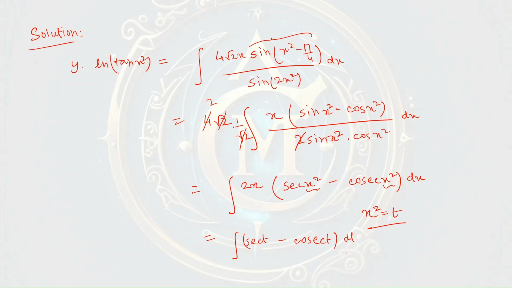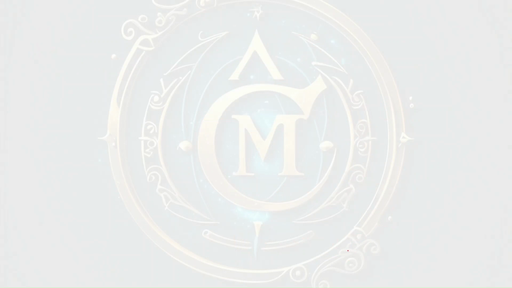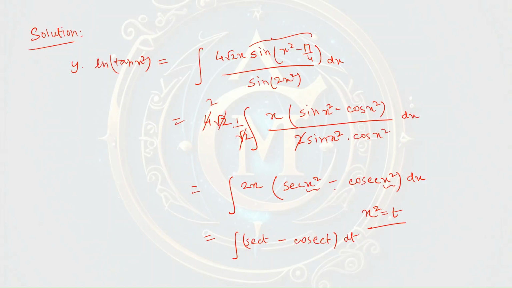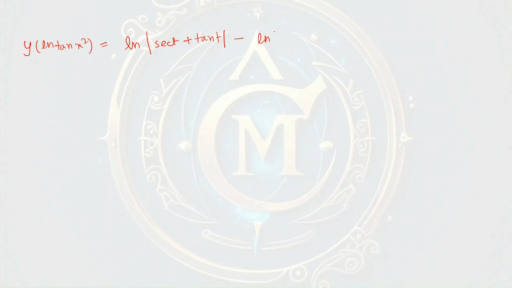Now this integral we can easily evaluate. So this becomes y times log of tan x square is equal to integral of sec t, which becomes log of sec t plus tan t, minus integral of cosec t, which becomes log of cosecant t minus cot t, plus c, because c is the integration constant.